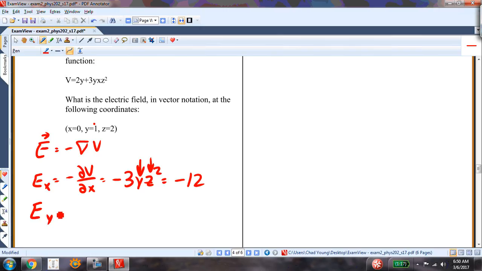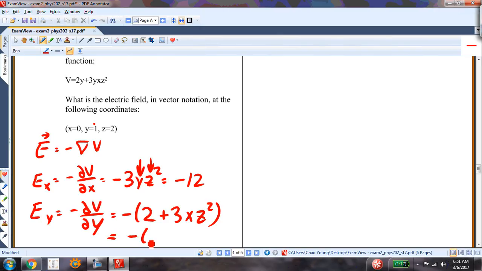And then I'll do a similar thing for Ey. That's going to be equal to negative 2 plus 3xz squared in the parentheses. That's the derivative with respect to y. And putting in the value for x and z, I get negative 2 minus 0, which of course is negative 2.